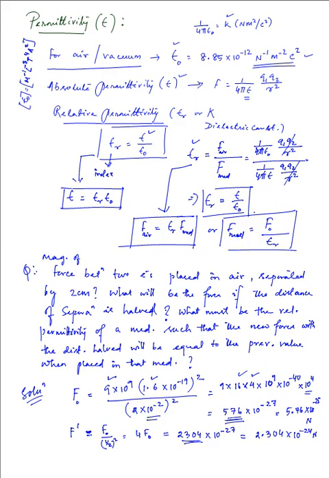Now to bring that back, we need to divide it by 4 again. So in order that this new force will come back to this value, we need a medium which has relative permittivity such that when F prime is divided by it, that will give F naught. So F naught will be back when we have F prime divided by epsilon r.